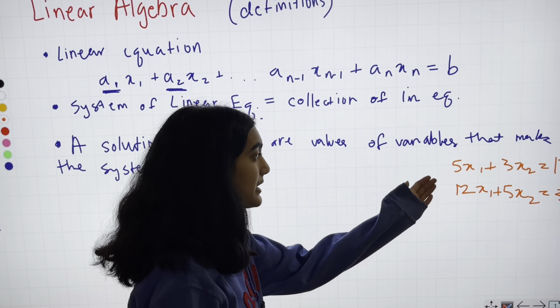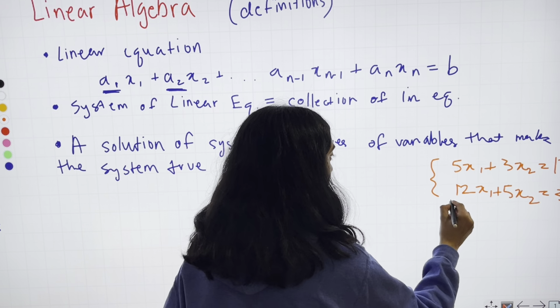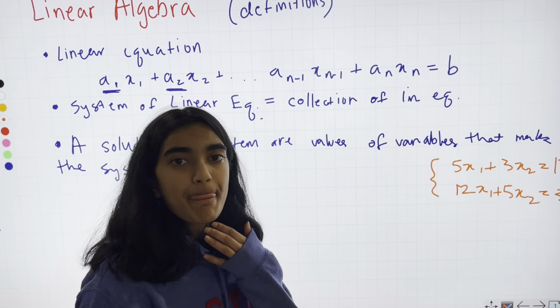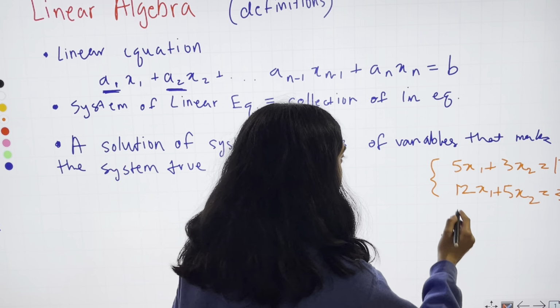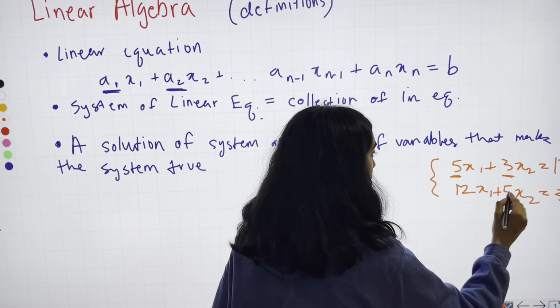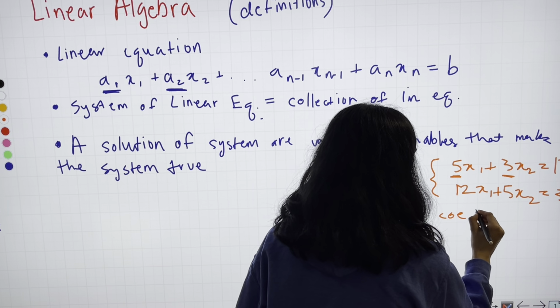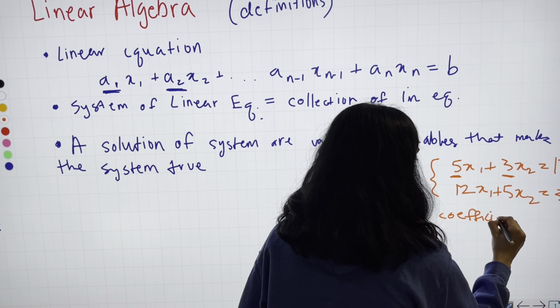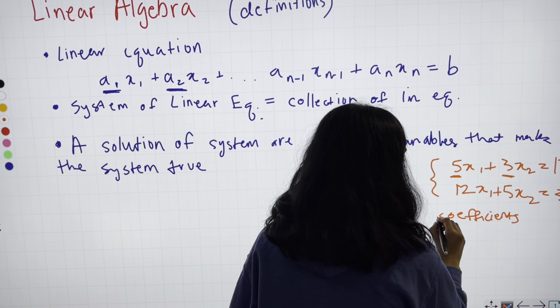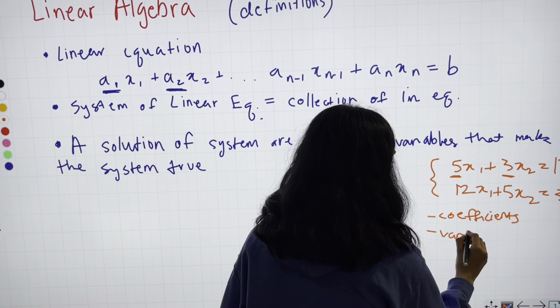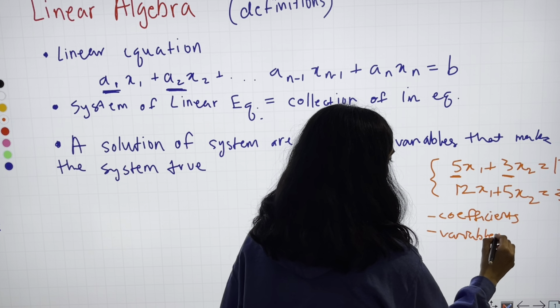So you have a system of two equations, and you have your coefficients, and you also have your variables, right?